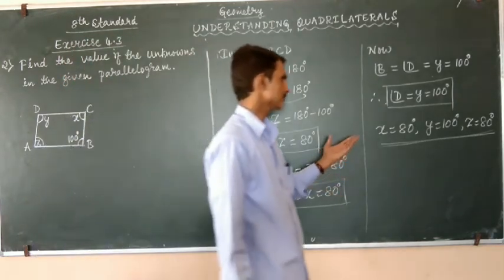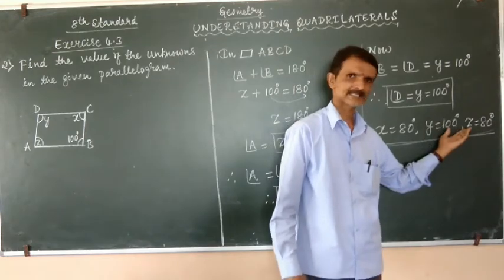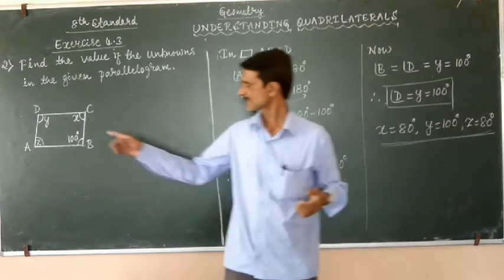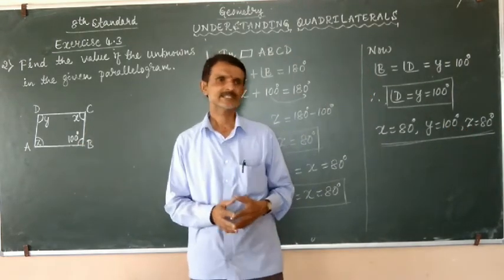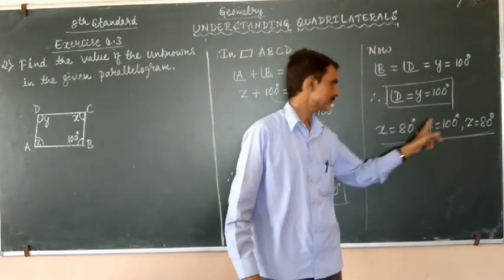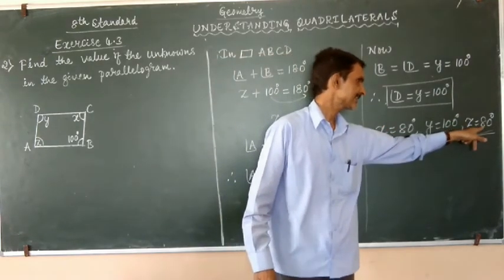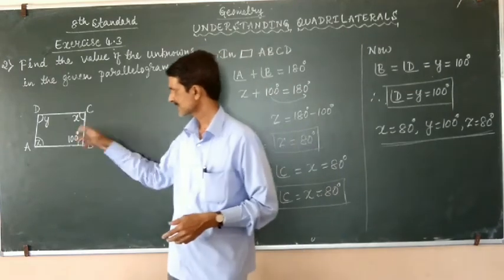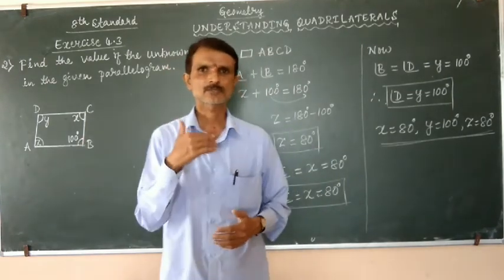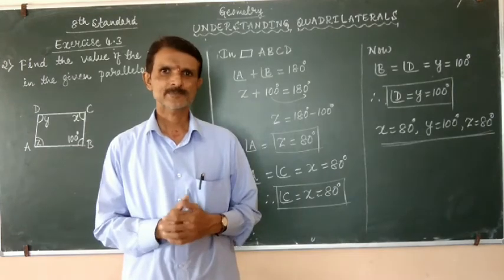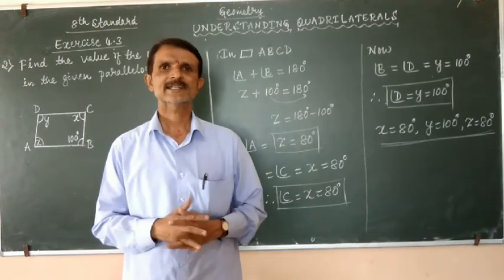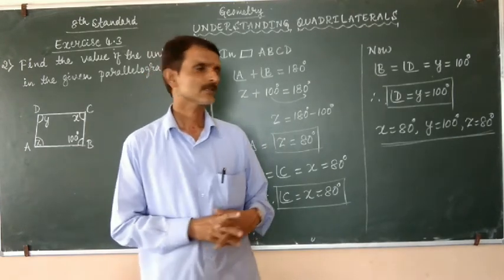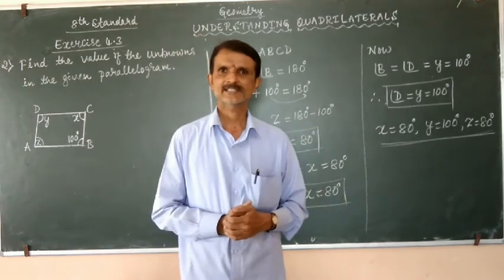Students, if you add these three angles and angle B, so 80 plus 100 is 180, 180 plus 80 is 260, plus 100 will be equal to 360 degree. That means the sum of the four angles is always equal to 360 degree.